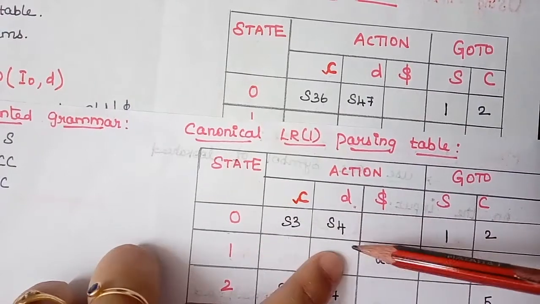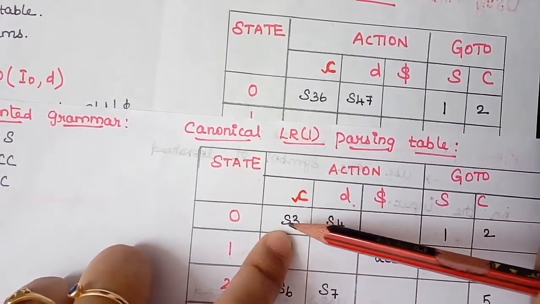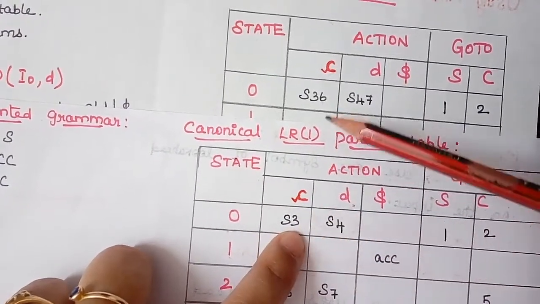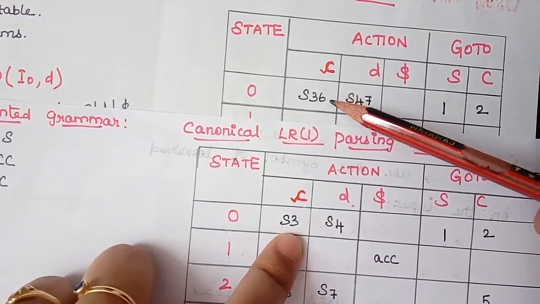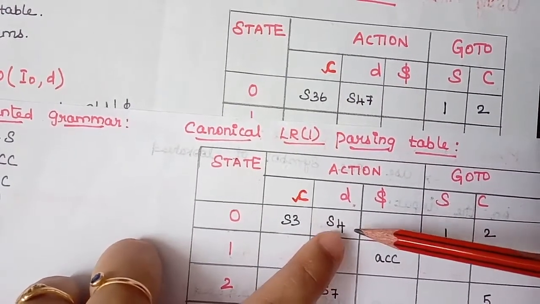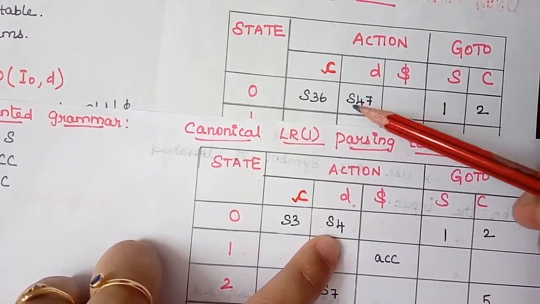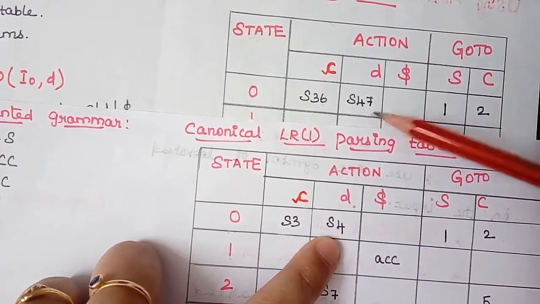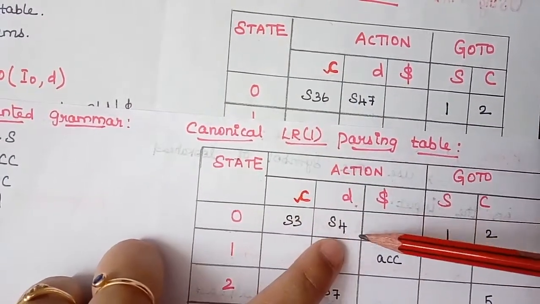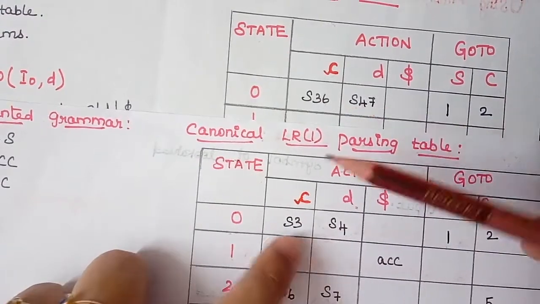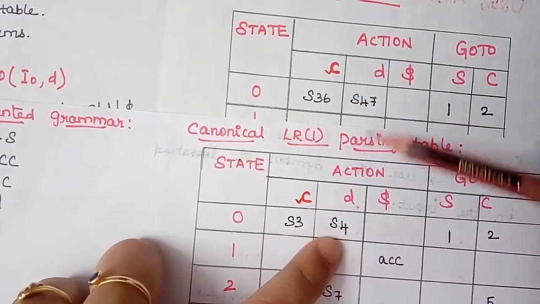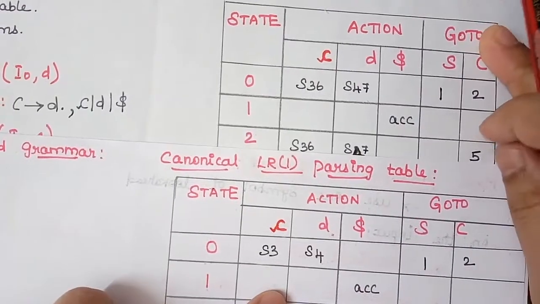Not only for 3 and 4, if we have S6 at that position we need to replace it with S36, and when we have S7 that position should be replaced with S47. So we have to replace the old items with the new items, and in the same way we have done this for the 0th state.